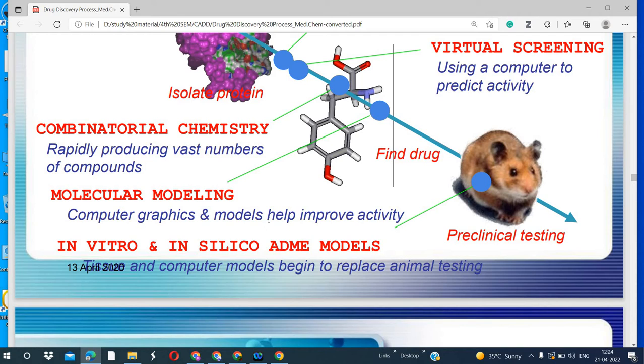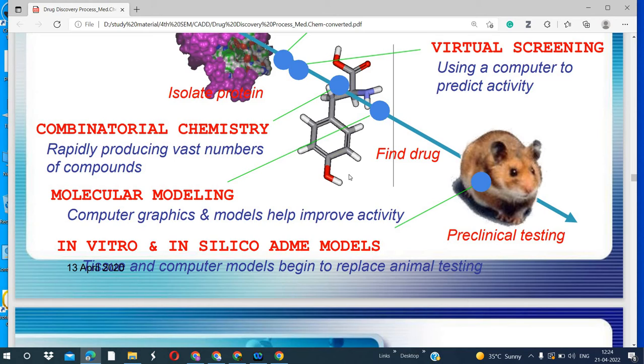Okay. So using molecular modeling analysis, we can identify the active drug molecules. Definitely these chemicals will have more potency and more efficacy, and this will reduce the cost also, because we are working using computational tools.